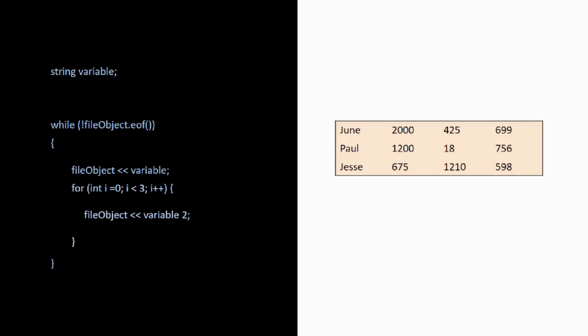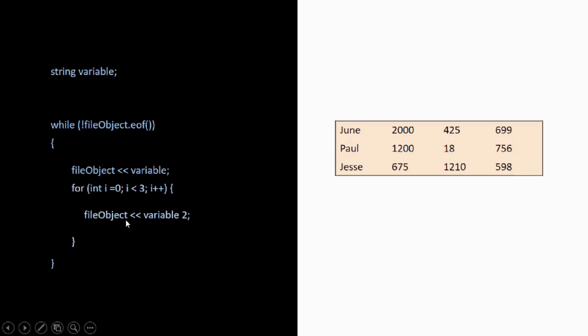Much better. Now, in English, we have continue to read file object if it is not the end of the file. Take the value from file object and initialize it with variable. Then we move into our for loop here where we've declared i as our iterator, continue to run as long as i is less than 3, that's not a heart, and then increase the value of i by 1.